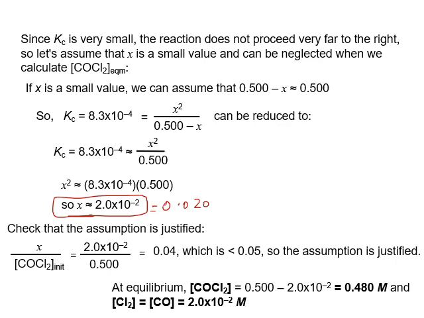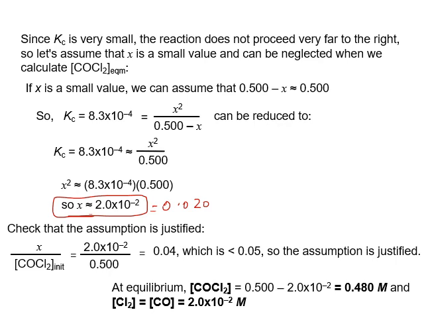Again, you don't have to write it in this form, I'm just explaining it. This is my value of x, and based on my assumption, I said 0.5 minus 0.020 is almost 0.5.